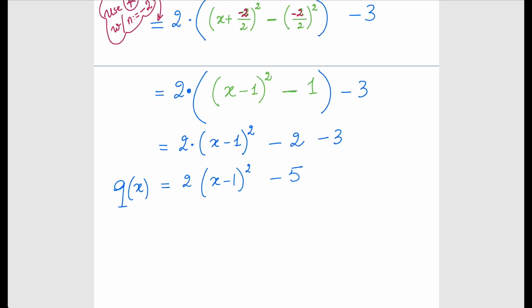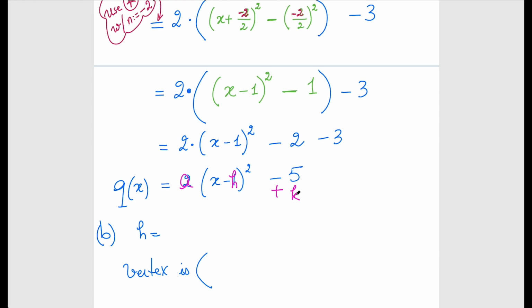So part B, the vertex is h comma k, right? Let's understand what h is. In this case, h is 1 because the formula is a times x minus h squared plus k, right?